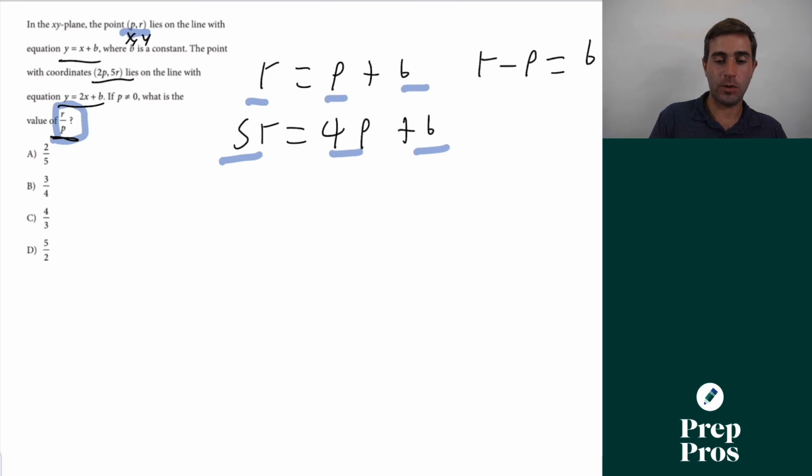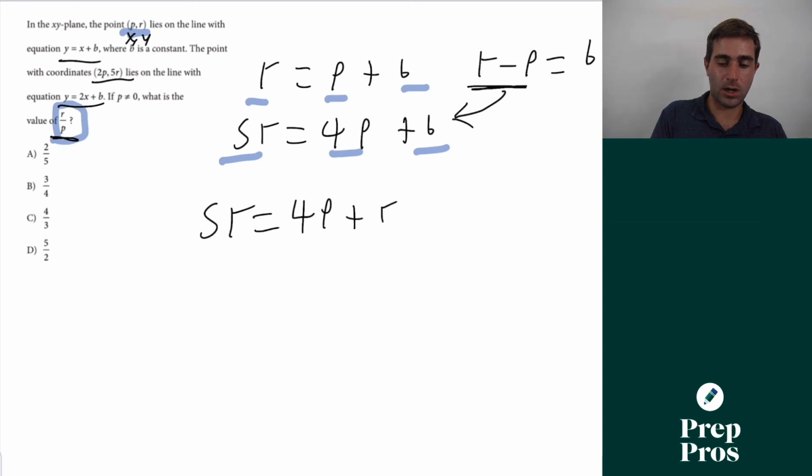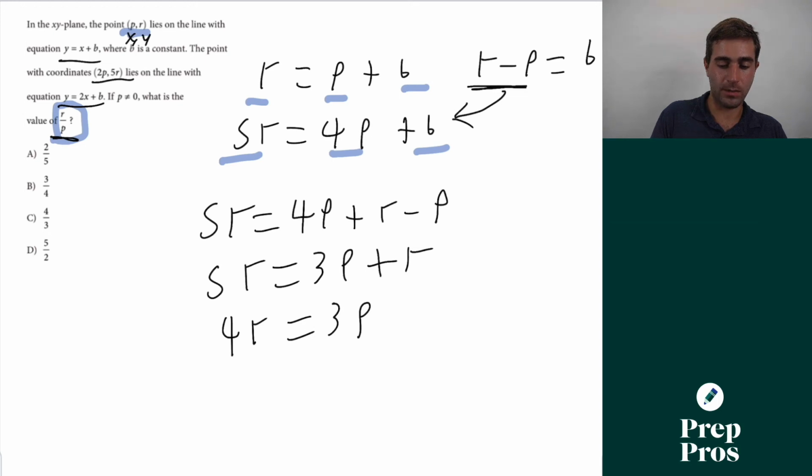So now I can substitute this in for b in my second equation. I can write this out as 5r equals 4p plus r minus p, and this will become 5r equals 3p plus r. I'm going to subtract over my r, and I will get 4r equals 3p.